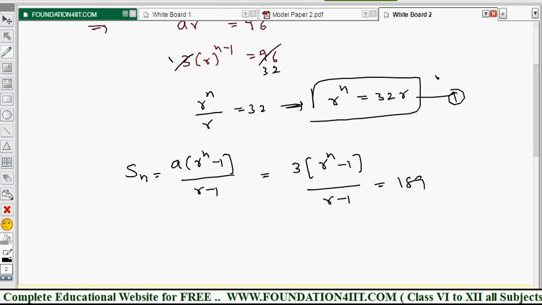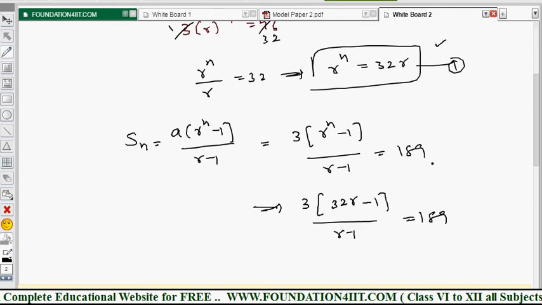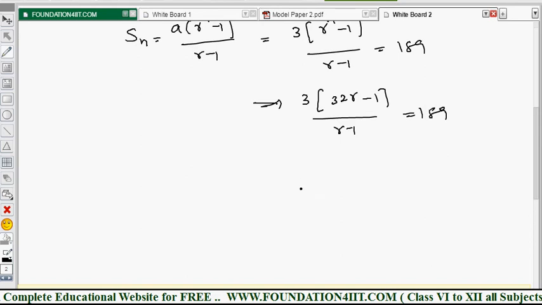Now from equation 1, R power n we will substitute as 32R in this. That is 3 into, in the place of R power n, 32R I am substituting, minus 1 by R minus 1 is equal to 189. Now just by doing cross multiplication, we will get the R value. That is 32R minus 1 is equal to 189 into R minus 1 is 3.